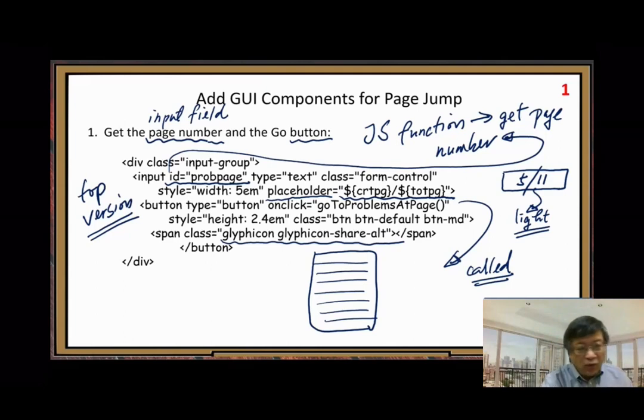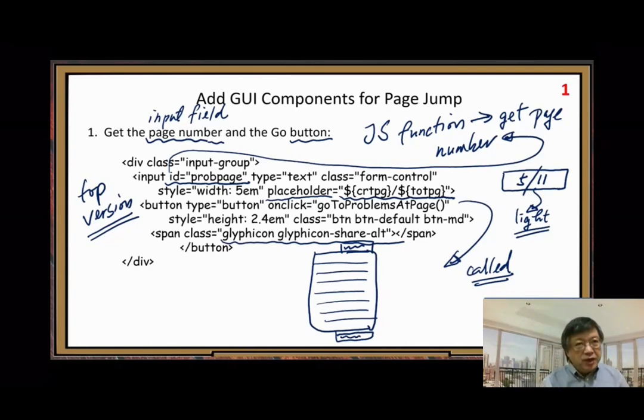But we want to provide our users convenience. So here on the top part, we allow the user to jump to a specific page, but at the bottom part, if the user is already very close to the bottom, we just want to provide our user a quick way to jump to a given page. So for that reason, we have a top version and a bottom version.